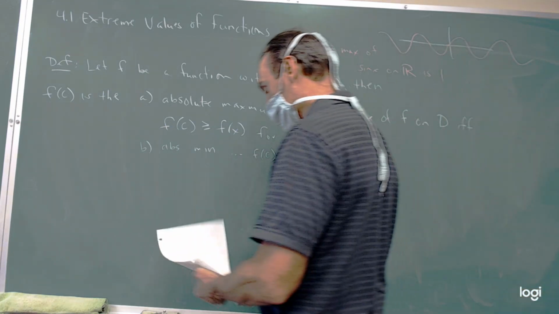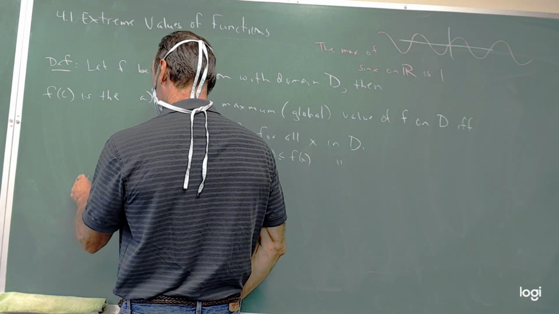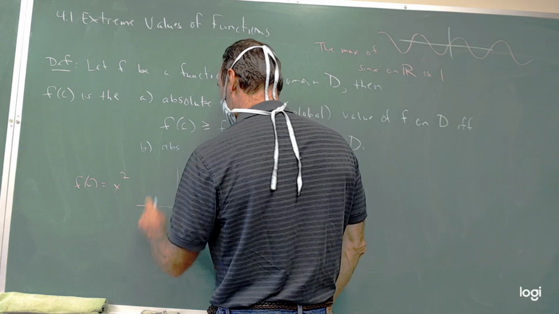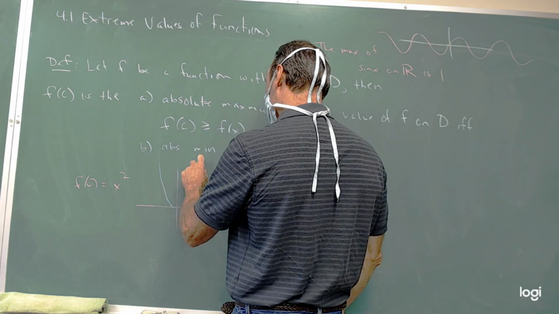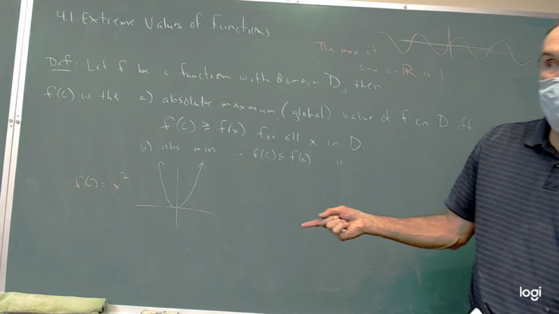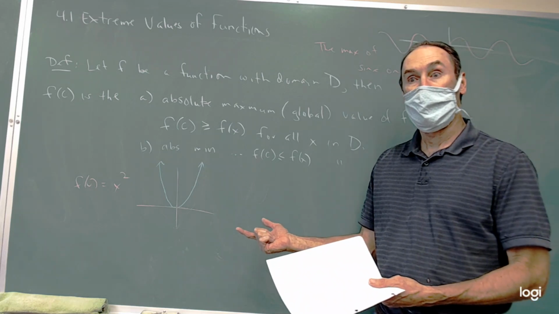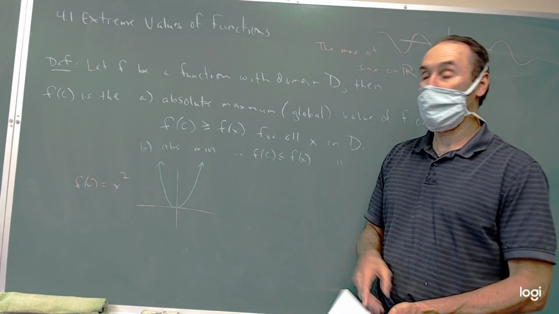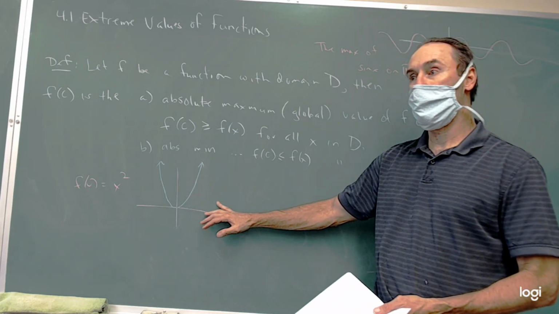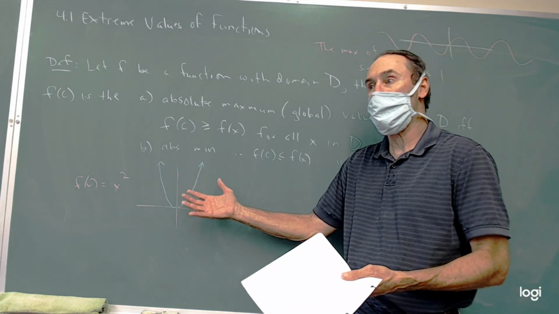If we look at something like a parabola, f of x is equal to x squared, we know that is our classic U-shaped graph. So the absolute minimum is 0. The absolute maximum, it doesn't have one because there is no largest value. So here it doesn't have a maximum because of the structure of the function. There just isn't a largest value.